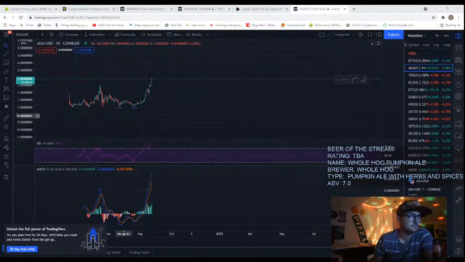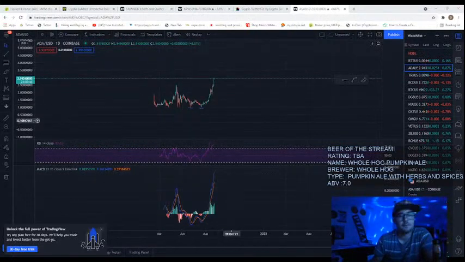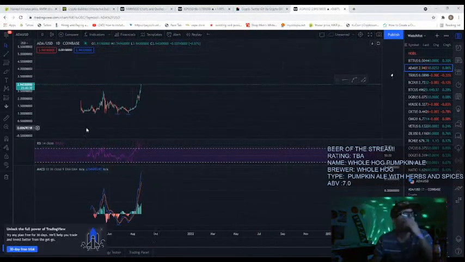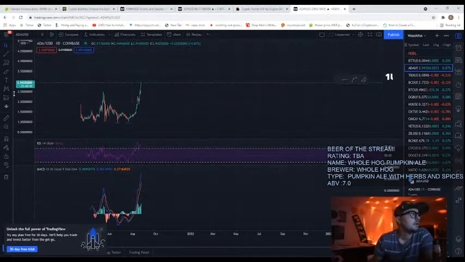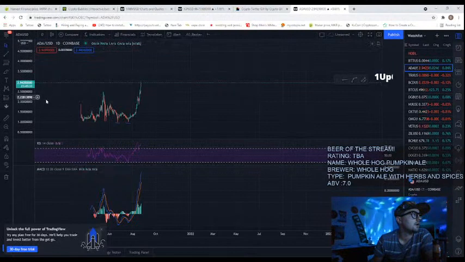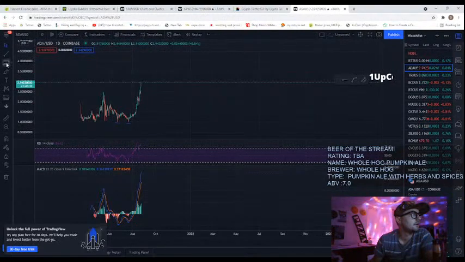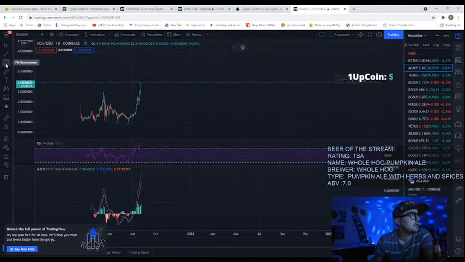But yeah, we could draw a Fibonacci scale on Cardano, and if we were going to do that, you go over here to this icon, fib retracement.